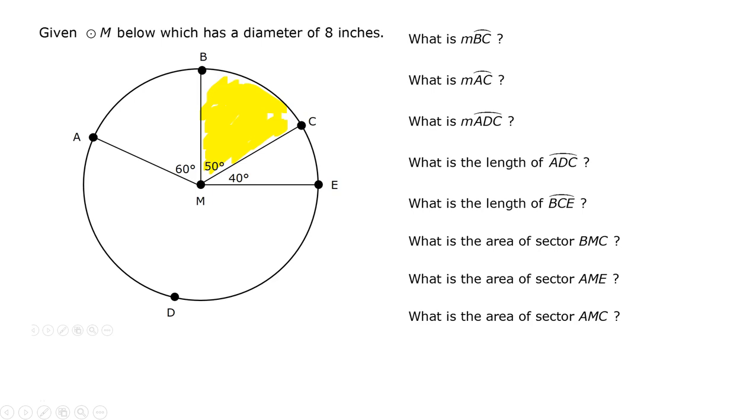The area before we were so rudely interrupted was 16 pi square inches, and I had a 50-degree central angle here, which means that I actually have 50 out of 360 of the circle area. So I'm going to take that times the area of the circle, not the circumference like I did for the previous ones. And if I do that, I get about 20 pi over 9 square inches.